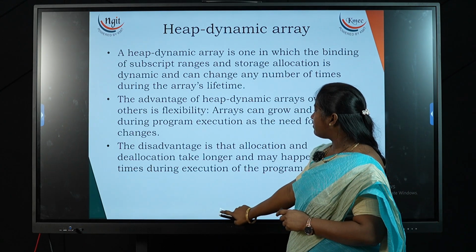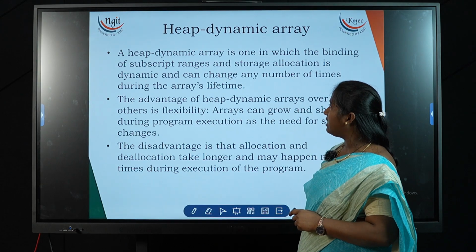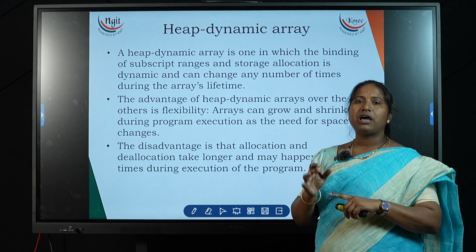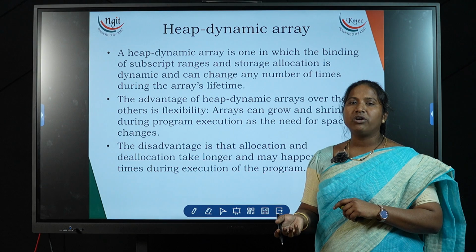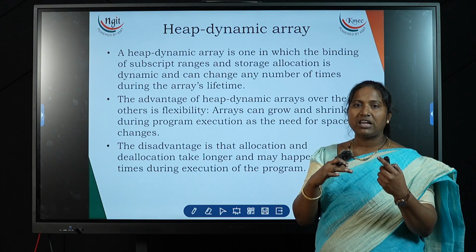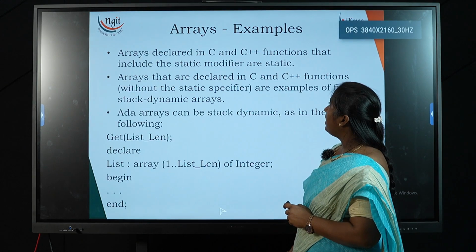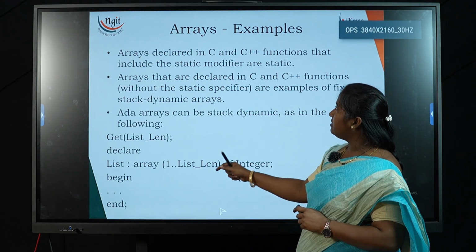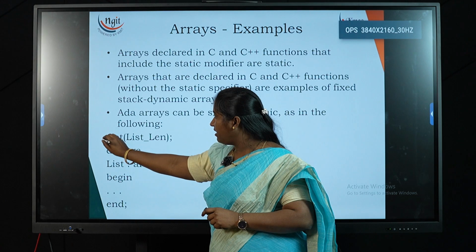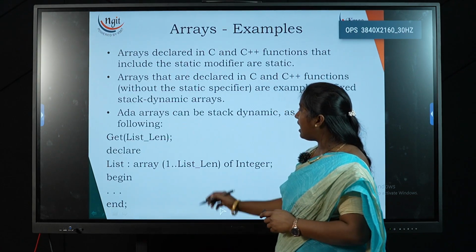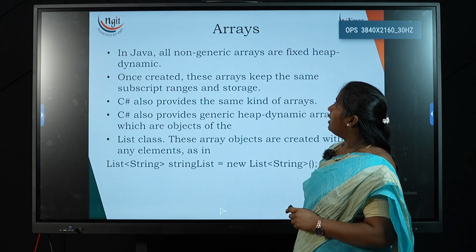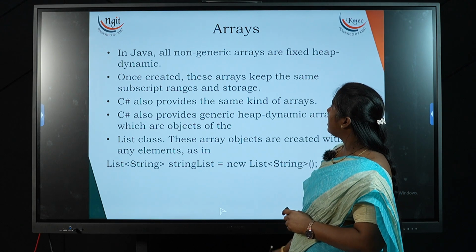So all these 5 categories will surely tell us how memory will be allocated, and when the binding of values to the subscript values will happen. And for array examples, you can see how I have defined an array in Ada. This is the Ada notation. I can show you the other languages also.